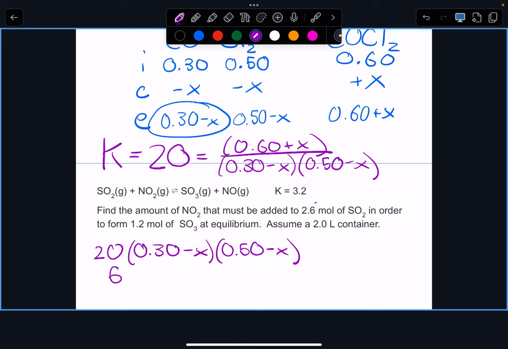What is that, 6? 2 times 3 and move the decimal 2 places? I think so. Oh, let's leave it until the end though. 20.